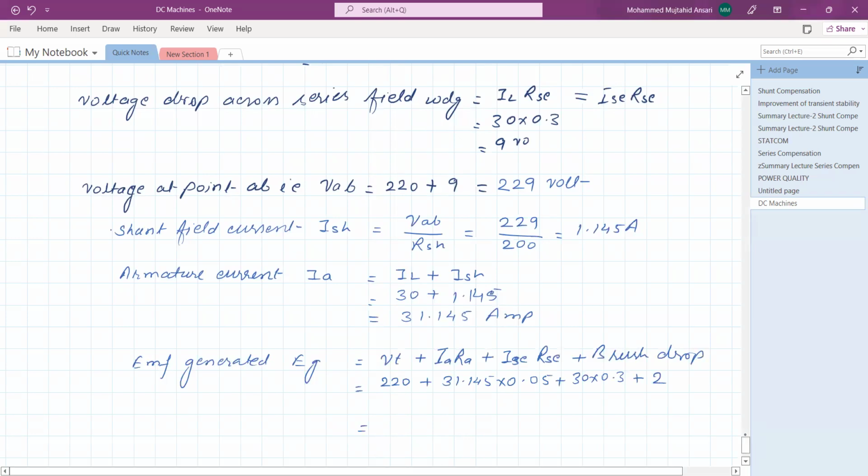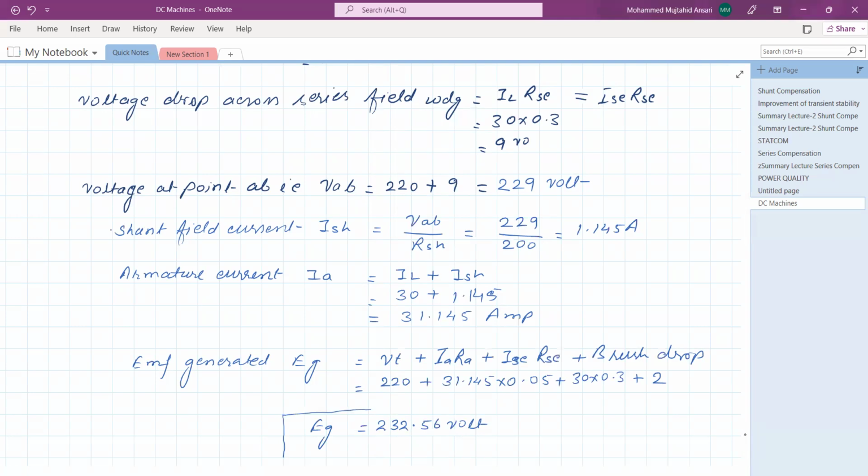So the EMF generated EG is equal to 232.56 volt. In this way, the EMF generated can be calculated for different generators.